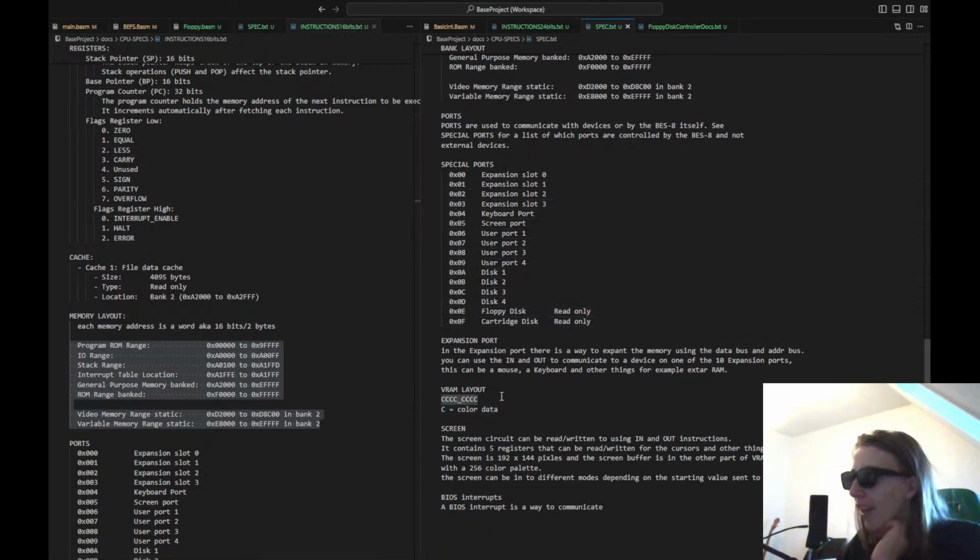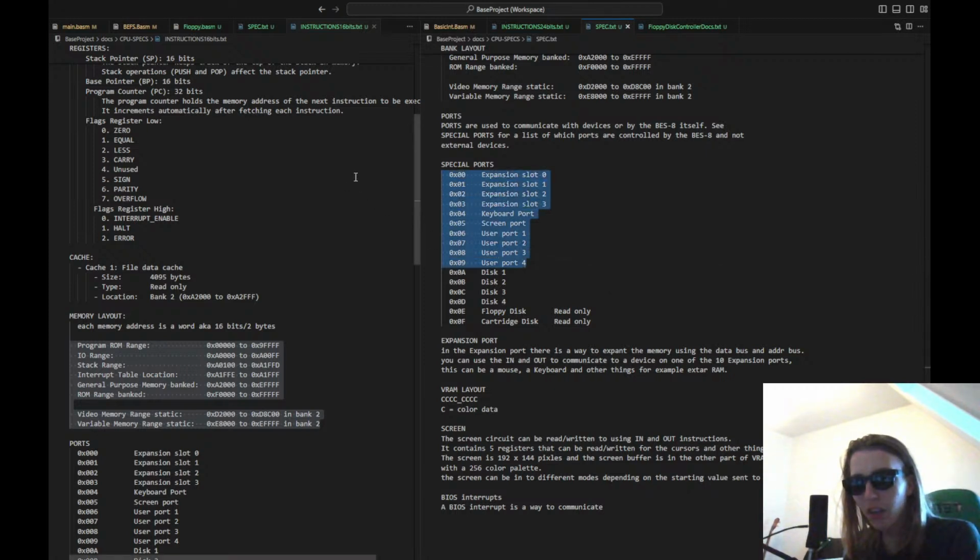So VRAM layout? Holy shit. Where do you see 10 expansion ports? You don't say that the user ports also are expansion ports, because I don't want the user ports to be expansion ports. That would just be dumb. But hey, I am also dumb.